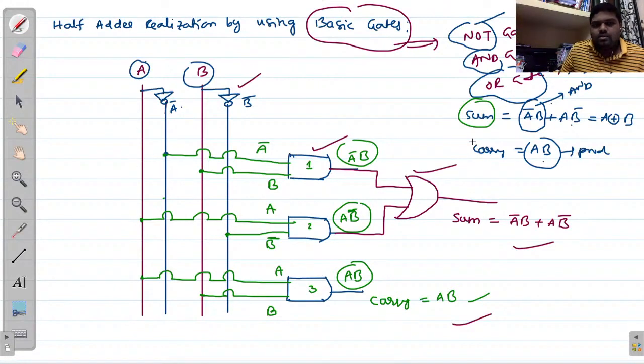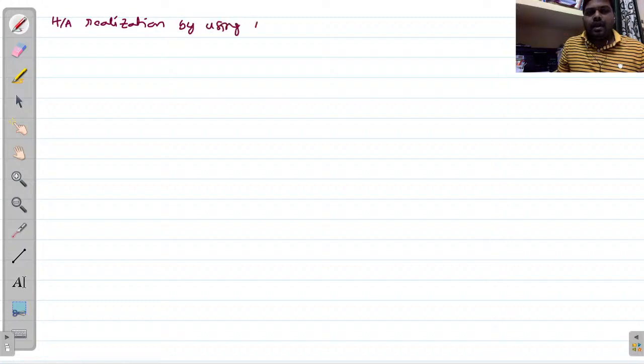So this is one approach to realize this half adder, and the next one is half adder realization by using NAND gates only. NAND gate is a universal gate, right?